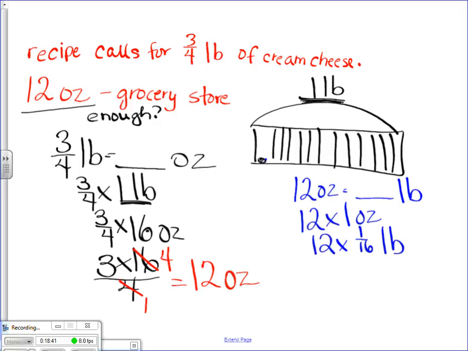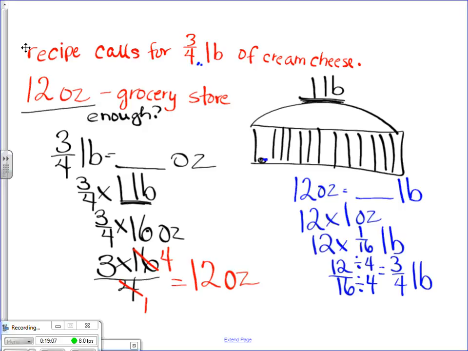Because I've got 1 ounce. 12 over 16. You can get 3 and 4. Oh, it's 12 ounces is 3/4 of a pound.